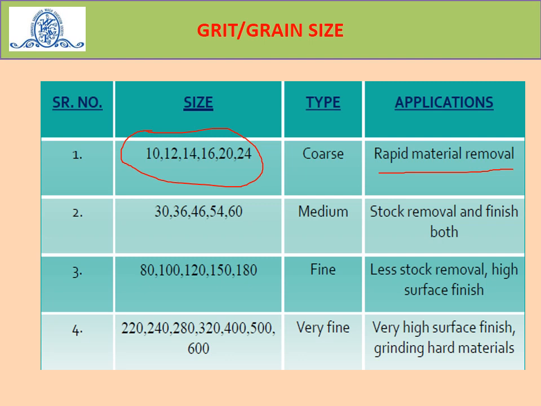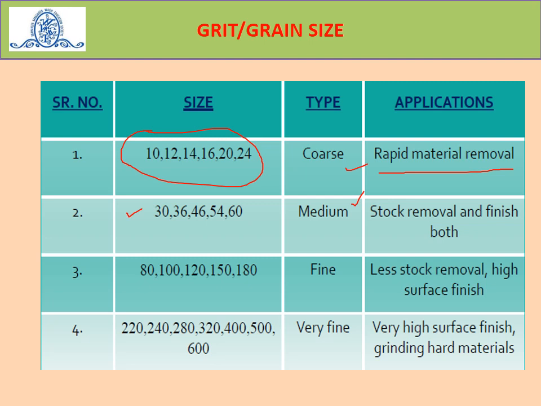The second one is 30, 36, 46, 54 and 60, which comes under the medium type. This type of grit is used for both stock removal and surface finish. In the coarse type of grit, rapid material removal is there, but there is no proper surface finishing.